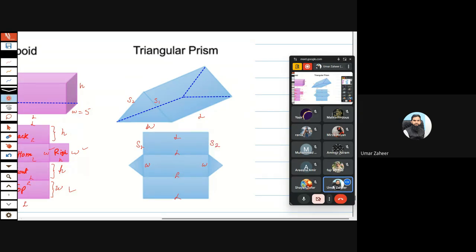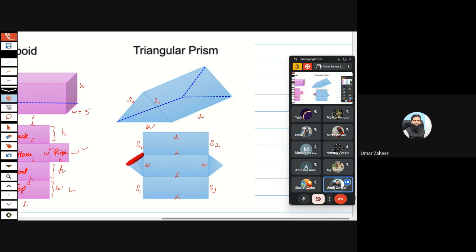Yes, Arisha, you have to tell me what it is. Is that the side one? That is S1 because we are going to open on the left side. So it will be S1. All right.